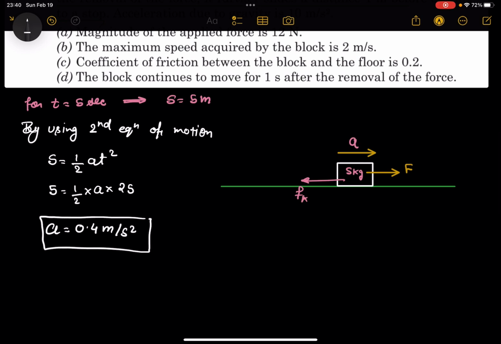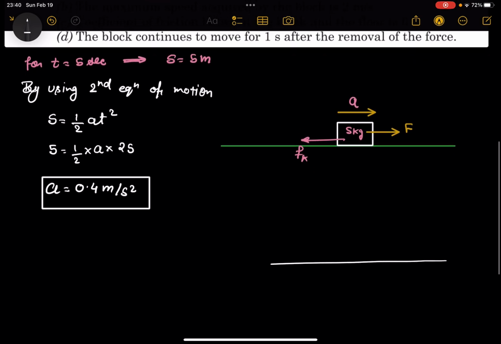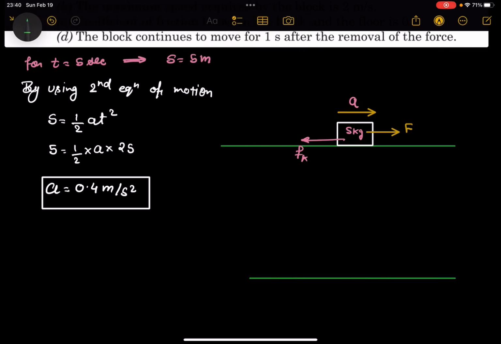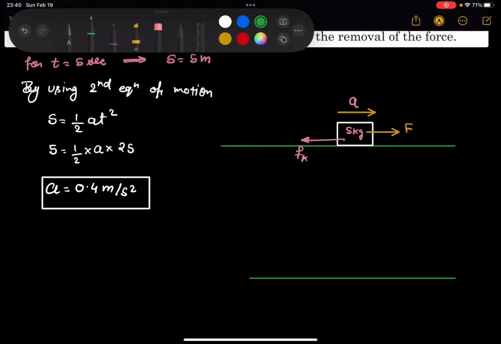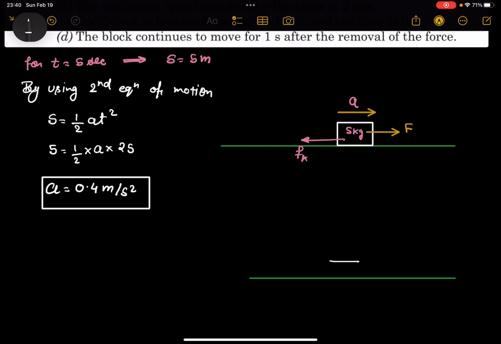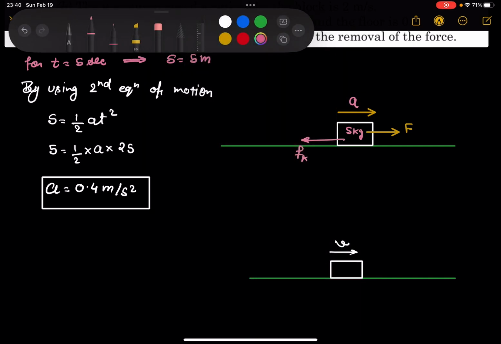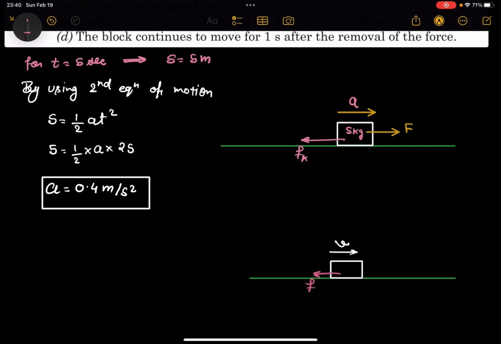After calculating the acceleration, after 5 seconds we remove the force. So let's assume this is a surface again, and after removing the force, suppose it has some velocity v. If it has a velocity, then the block is still in motion, so kinetic friction force is still involved.